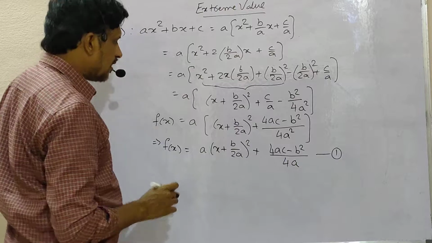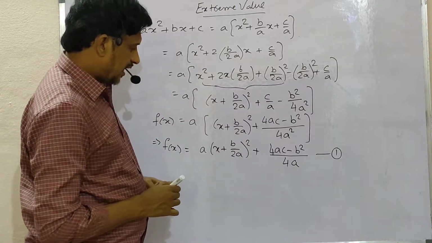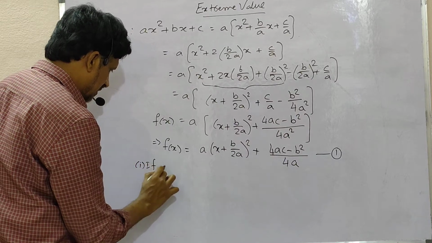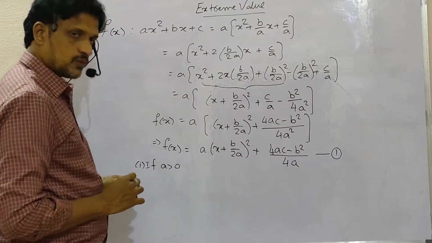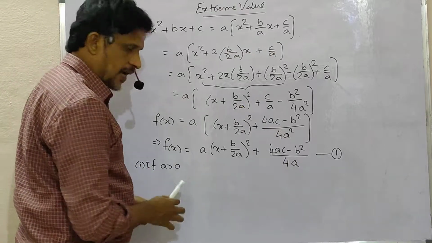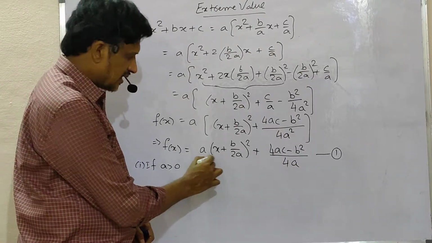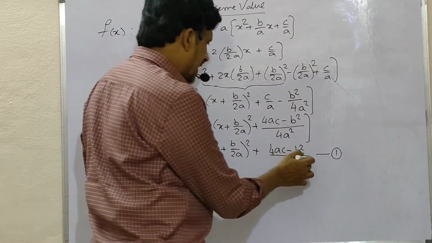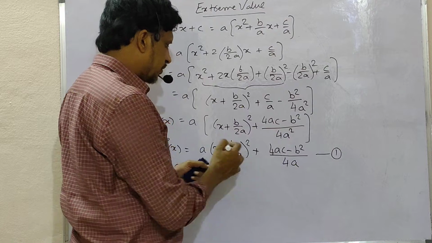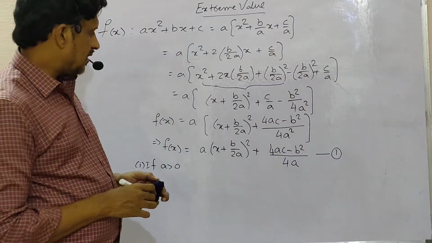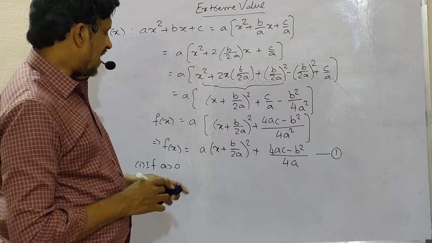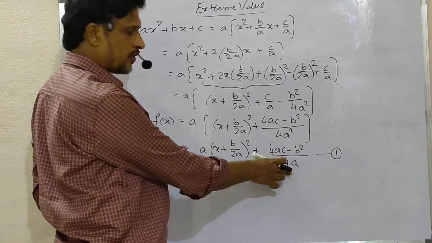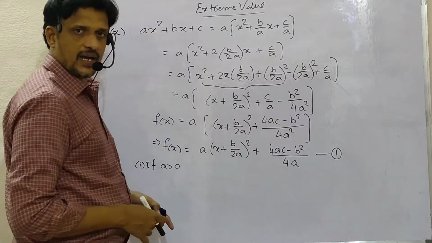Okay then. For example, if a is greater than 0, that means positive, and x plus b by 2a whole square is also non-negative. So you are adding 4ac minus b square by 4a to this particular value. That means the value of f of x is always greater than or equal to 4ac minus b square by 4a, because you are adding a non-negative value.